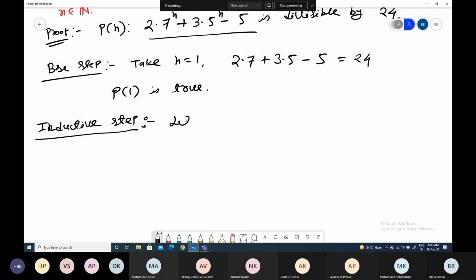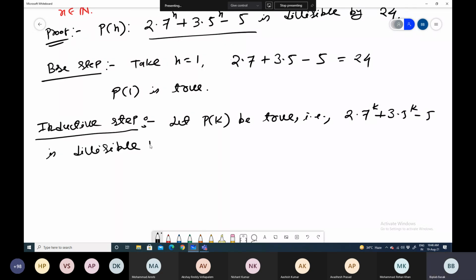Now let P(k) be true, that is, 2 into 7 to the power k plus 3 into 5 to the power k minus 5 is divisible by 24.